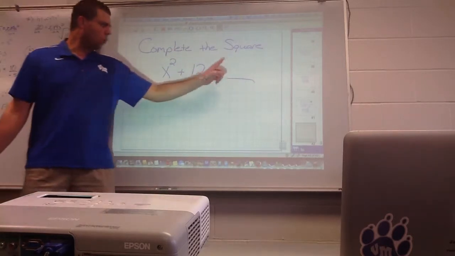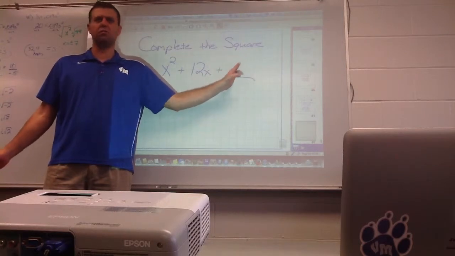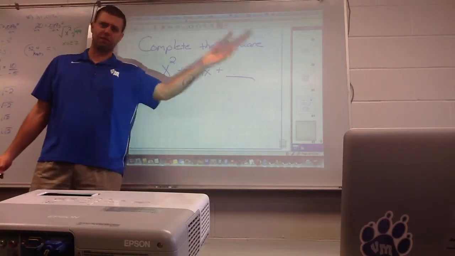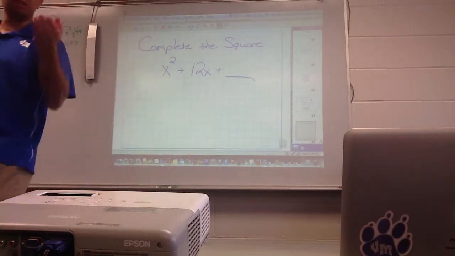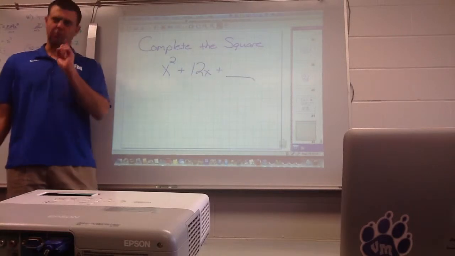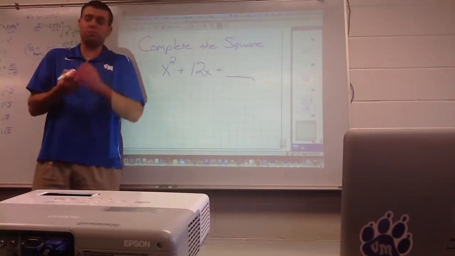Well, what number would this have to be? What number would this C value, or this blank, what number would I have to put in this blank to make this become a perfect square, Drew? 36. And how are you getting 36? Well, you want to have two of the same numbers. 6 plus 6 is 12.